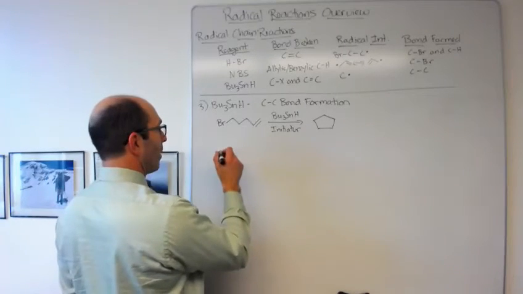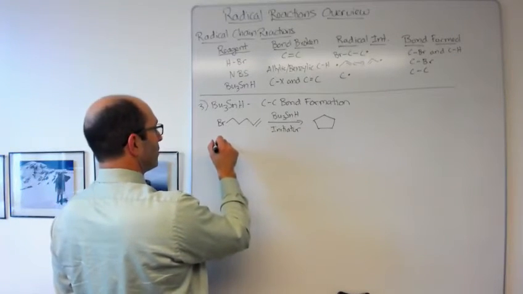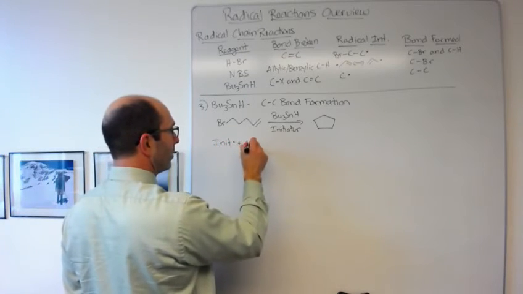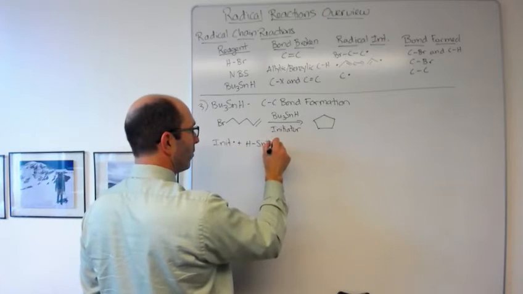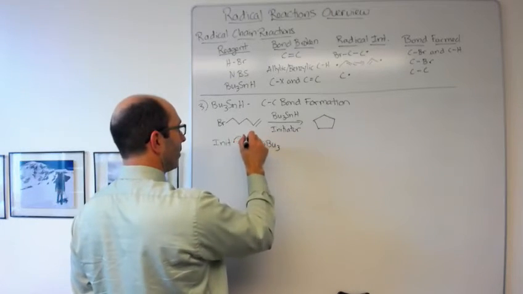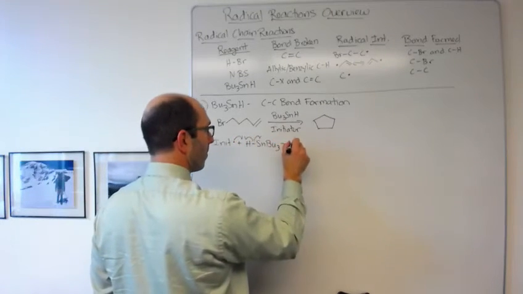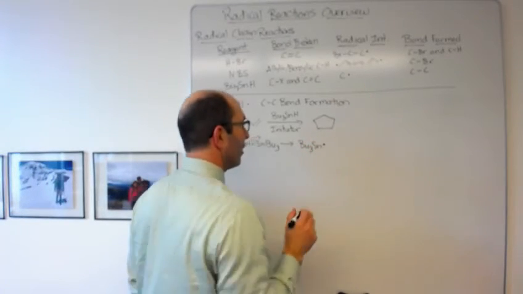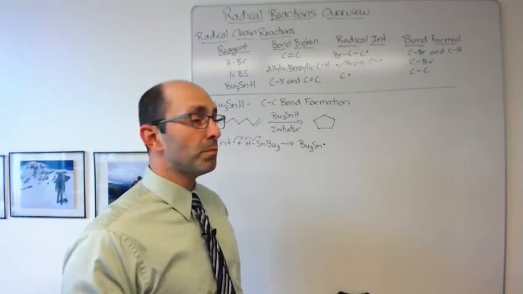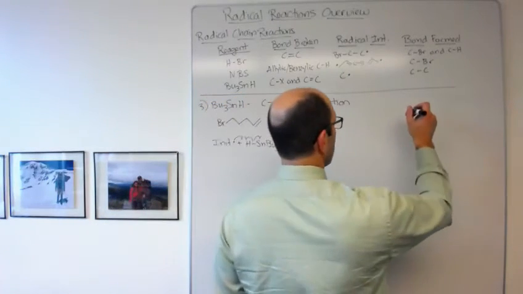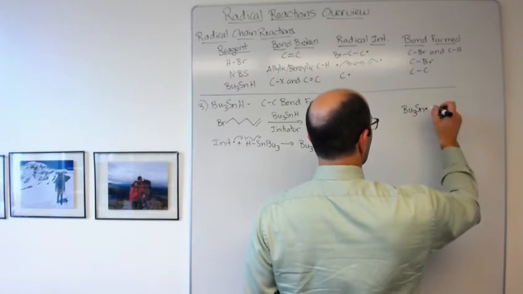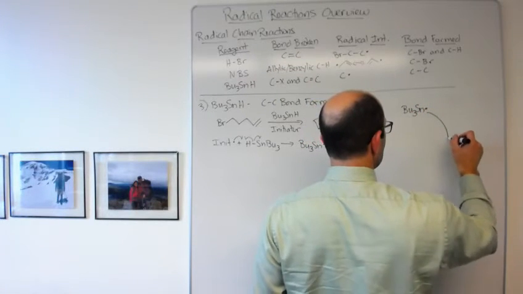And so when we think about what happens here, same deal as before. We make some sort of initiator radical, react that with tributyl tin hydride, and that's going to form tributyl tin radical, which is our chain propagating radical. Now, when we think about the mechanism of this reaction, there's an extra step compared to our other reactions.